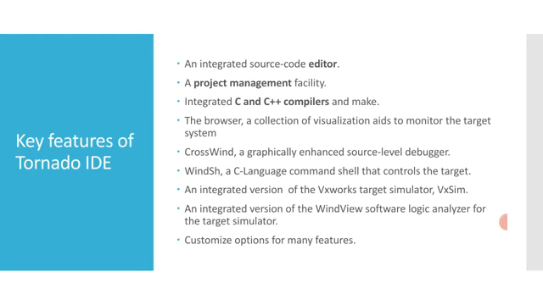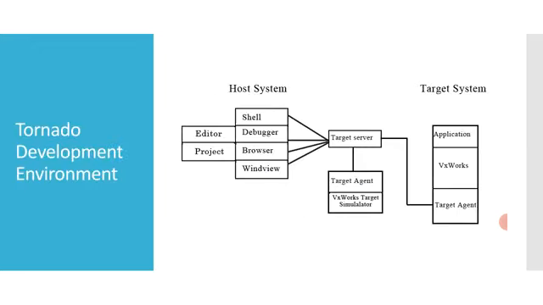This illustrates the relationship between the principal interactive host components of Tornado and the target system. Communication between the host tools and VxWorks is mediated by a target server and target agent. With Tornado, the cycle between developing an idea and the opportunity to observe its implementation is extremely short.